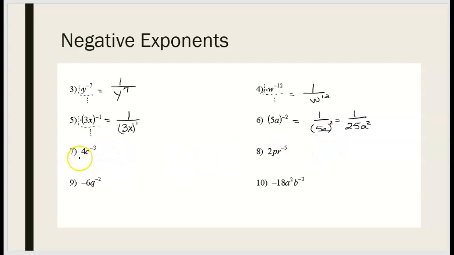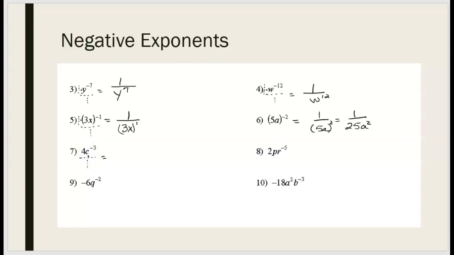Okay, number 7. This one is also over 1. Now I do have a negative exponent here. Negative 3 is my exponent, but what is its base? Hopefully you answered that and said, well, its base is c. It is not 4c because we do not have parentheses here.